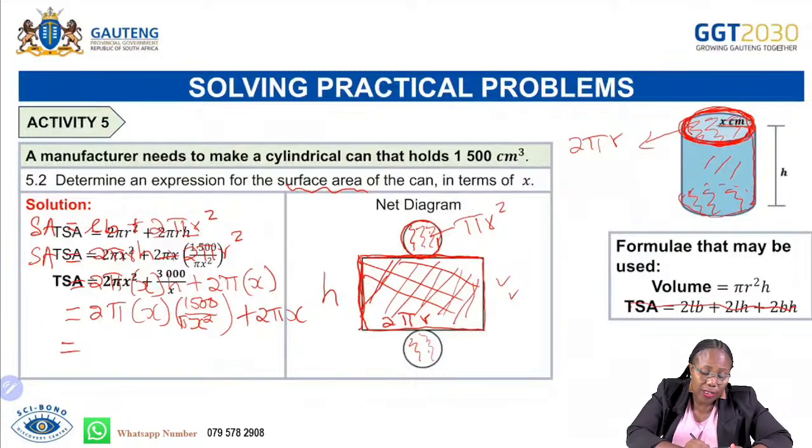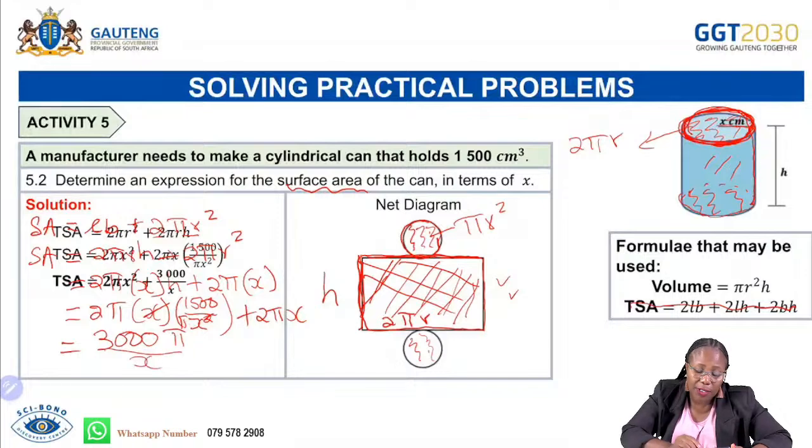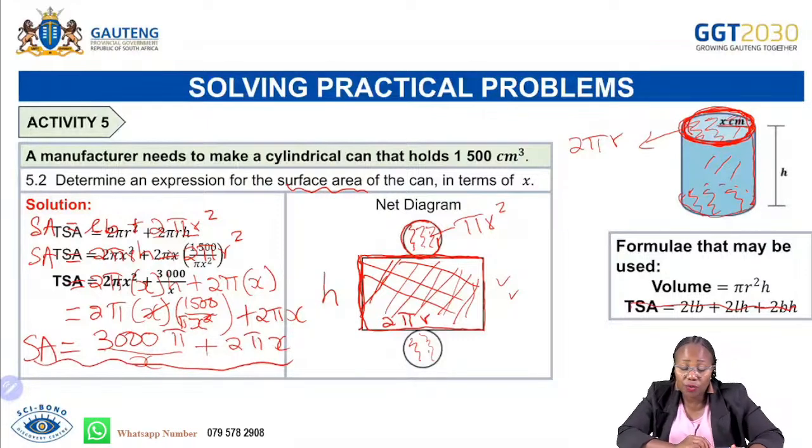Then x will cancel 1 x there. So we are having 2 pi times 1,500, that is 3,000 pi over x, that is remaining on the denominator, plus 2 pi x from that one. So that is the surface area for that particular cylindrical container.